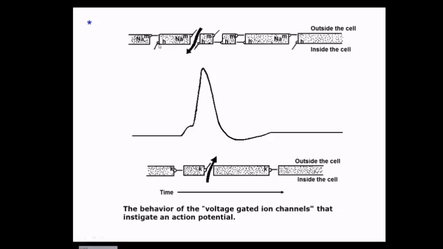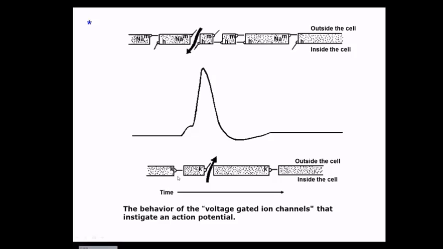This is just a means by which to more easily describe the sodium voltage-gated ion channel, because it has some unique aspects to it. And we'll define what I mean by that in a moment. Whereas the potassium voltage-gated ion channel just has one gate. As I said a moment ago, they're not really gates. What they are is different conformations of the protein. This is an integral membrane protein.